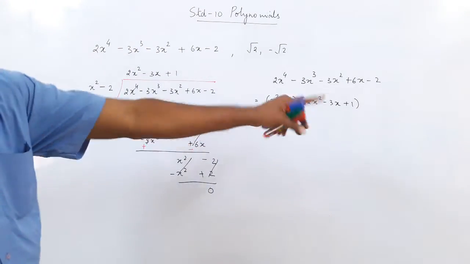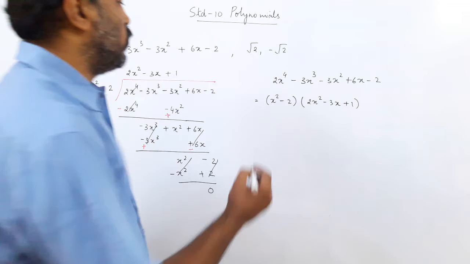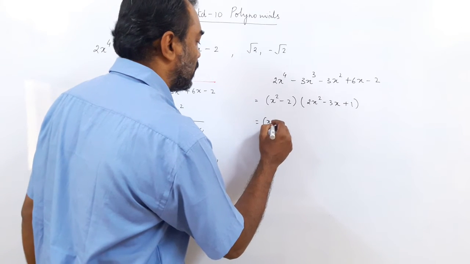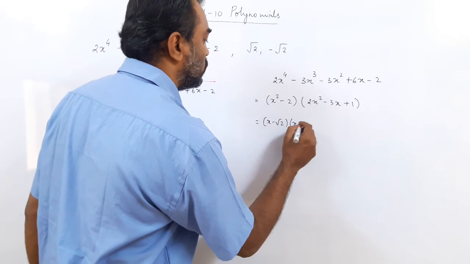But the remainder is 0, so no plus 0 because it's the remainder. So these are the two factors. So we get the factor x minus root 2 and x plus root 2.